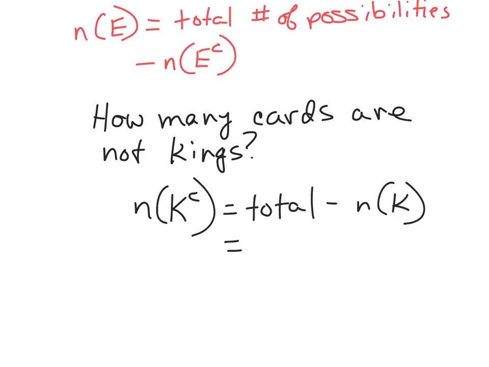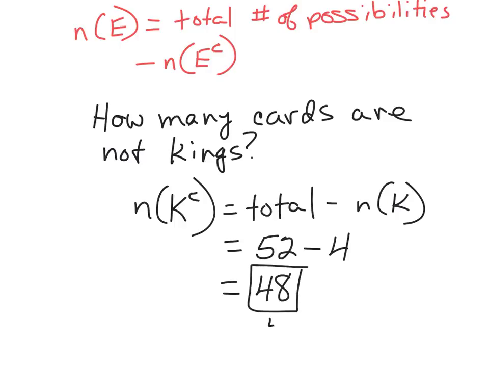What did we say the total number of cards was? 52. What's the number of kings? What's the number that aren't kings? 48. Ball game. Game, set, match.